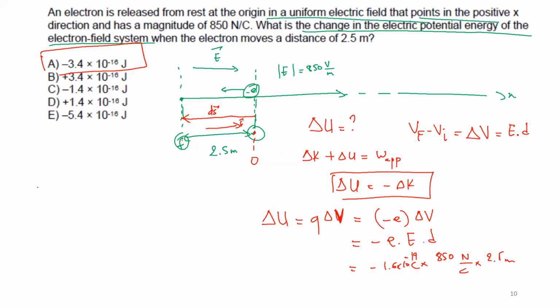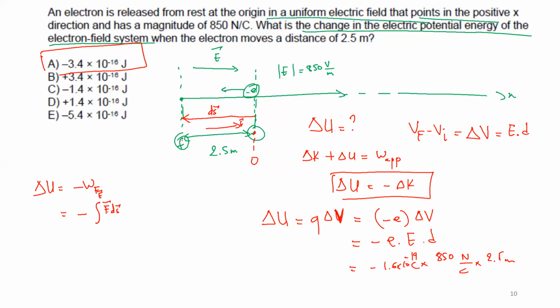Another way to do it is we know that delta U will be minus the work of the electric force, minus the work of the electric field. Now, what's the work of the electric field? The work of the electric field will be the integral of F dr, or ds if you want.